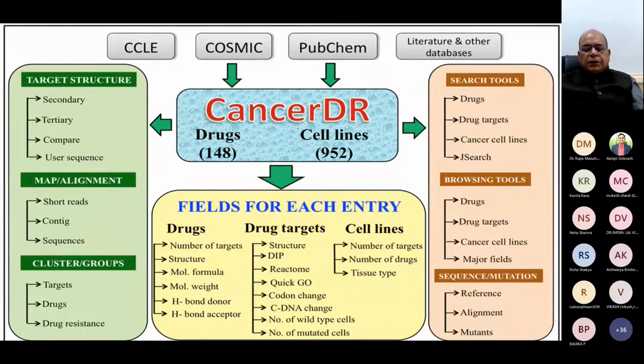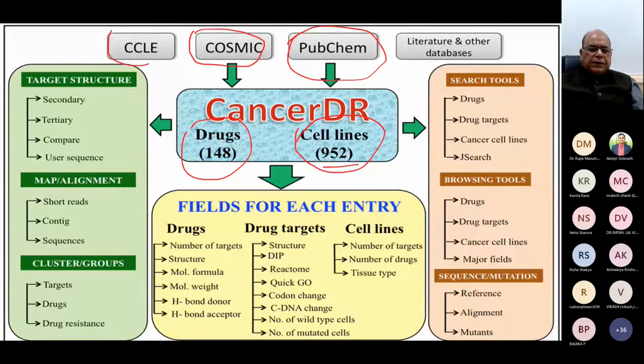And what does this database have? It has the information about 952 cancer cell lines, on which 148 drugs have been tried and their IC50 values have been checked. And then we calculated what the target is, what the structure of the target is, all the relevant information required. We got a lot of data from PubChem. We got information from COSMIC and CCLE, regarding the genomic profile, like gene expression profile, single nucleotide polymorphisms, and copy number variations.